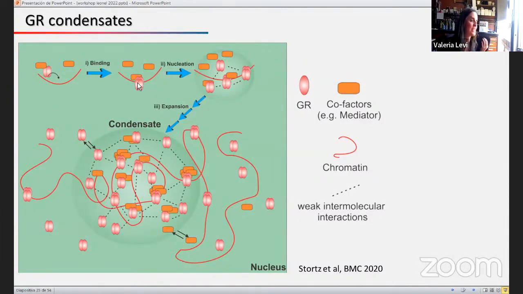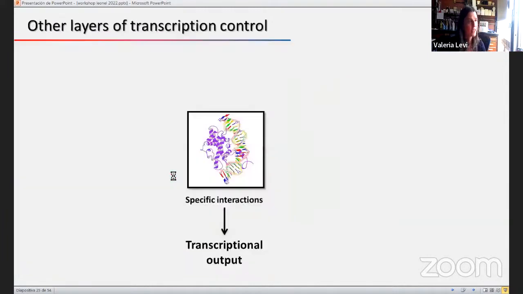After these initial interactions, more molecules are recruited to this initial seed. Many of these molecules are multivalent, so they interact with many, many other molecules, finally forming the condensate. We could determine most of these steps by analyzing the dynamics at the level of the condensate.